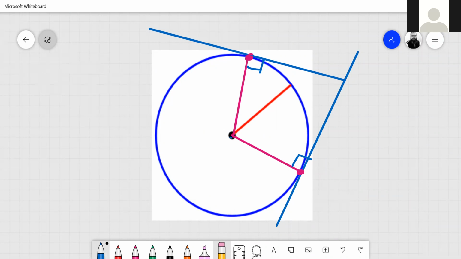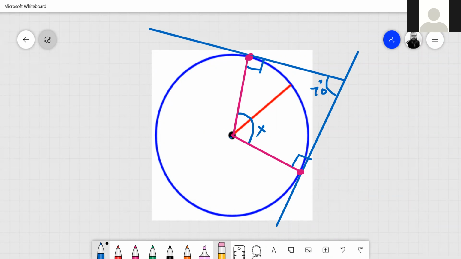Okay, now this is x. From here to here, this is x. And this angle is 70 degrees. We need to find x.